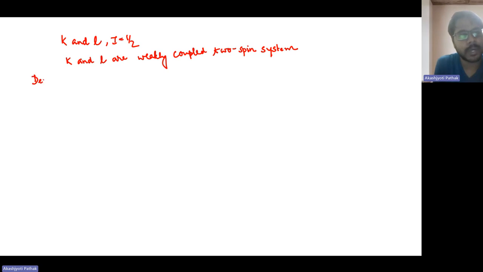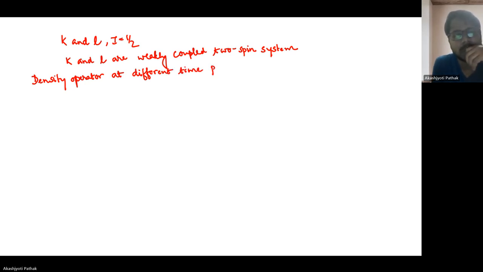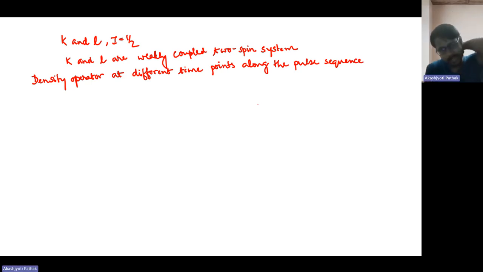So if you want to write the density operator at different time points along the pulse sequence, we represent the density operator as rho one.